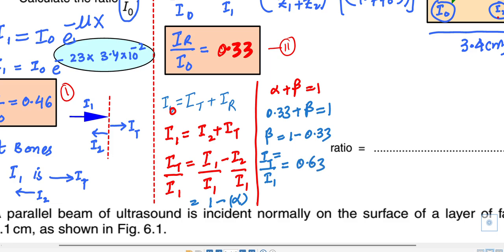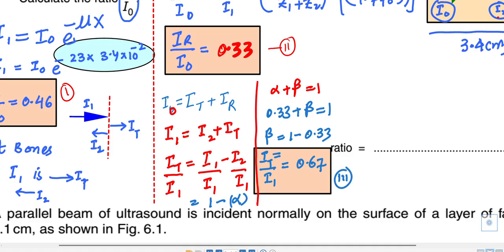Is it? 0.67? 0.67. Okay. Now after all this effort, I got this third ratio.